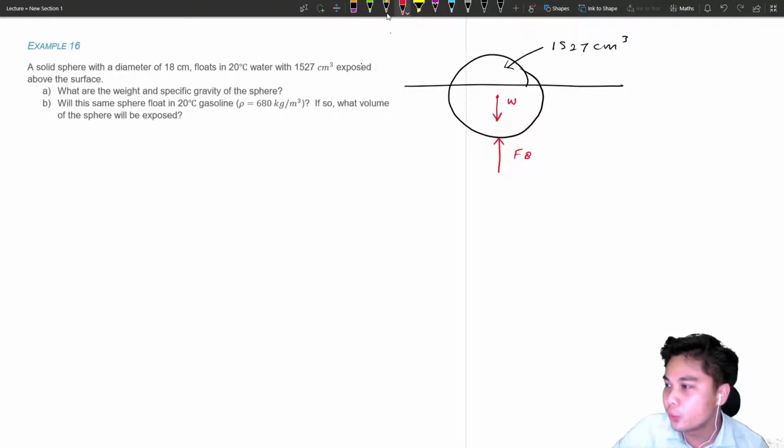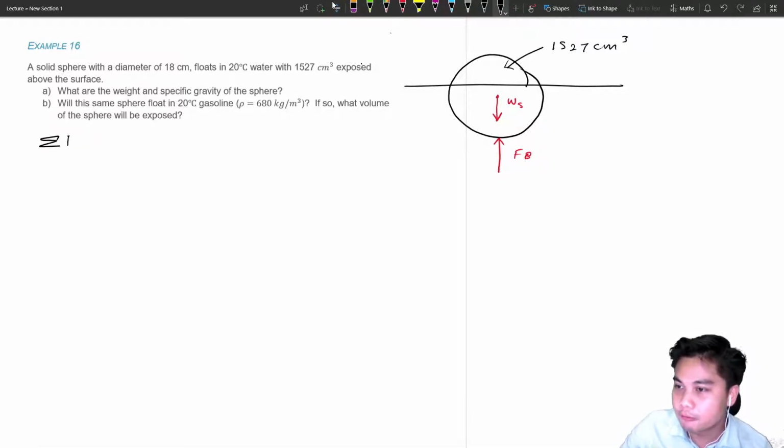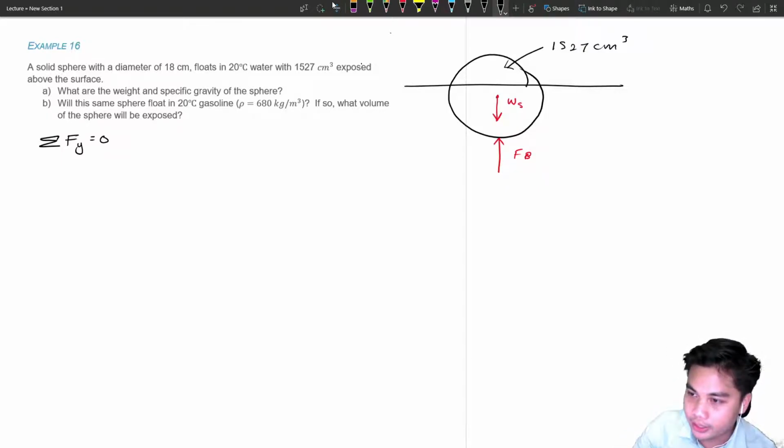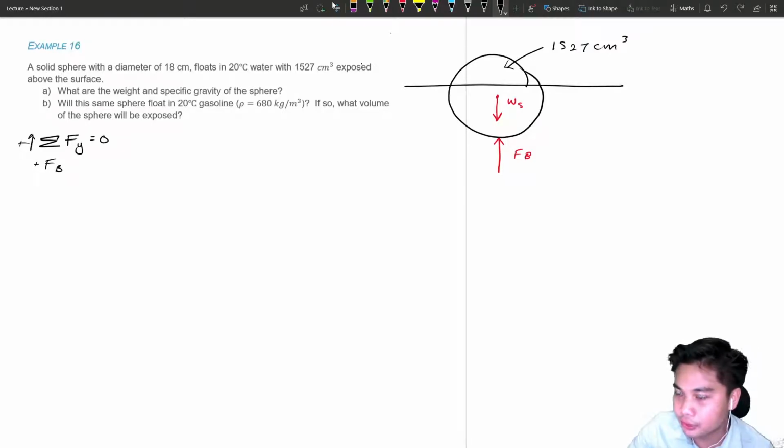To get the weight of the sphere, we use the summation of forces in the y direction equal to 0, because this is in equilibrium. Fb pointing upwards is positive, and Ws pointing downward is negative. Fb minus Ws equals 0.